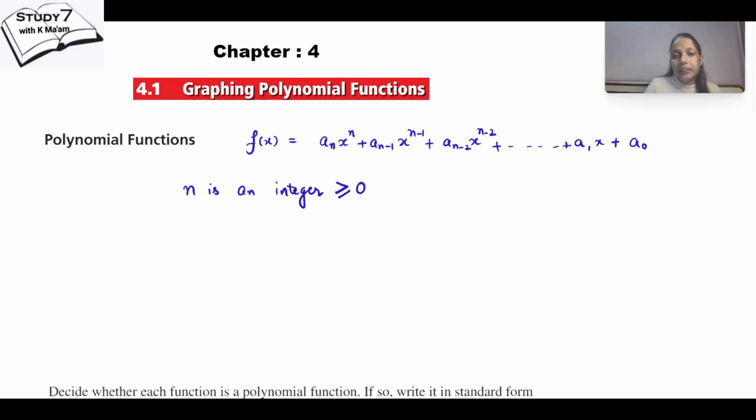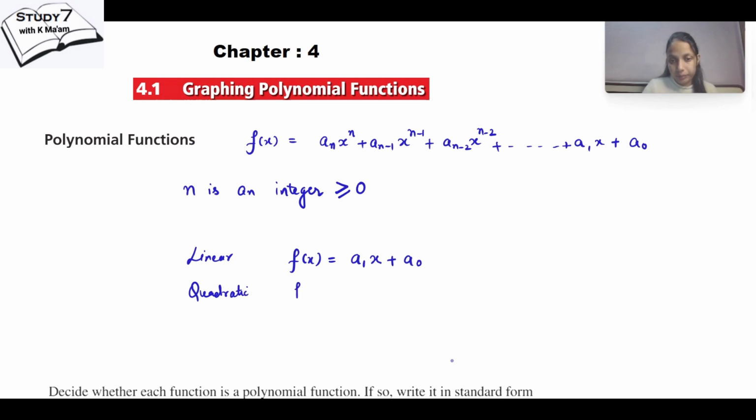Let's write first a monomial. Monomial means it has one term, binomial has two terms, and so on. I'm writing the linear first. Linear will be a function f(x) equals a_1 x plus a_0.